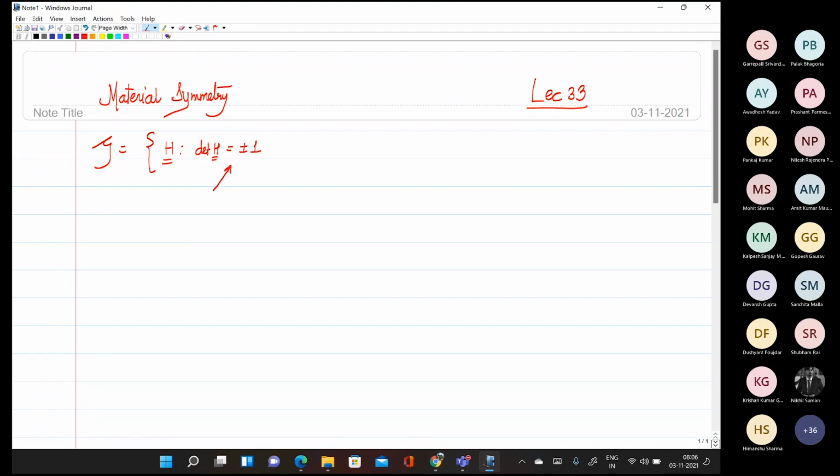This restriction, only that the determinant of H be equal to plus minus 1. The set of all such matrices forms a group, and that group is called the unimodular group. Unimodular means unit, its mod is 1.